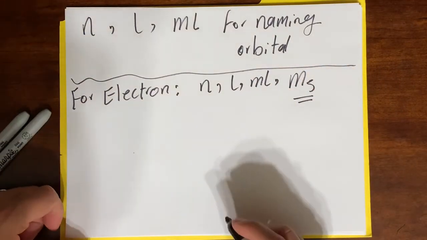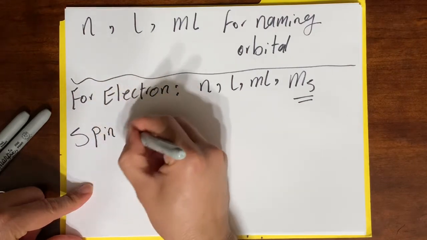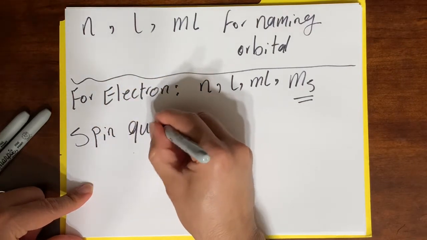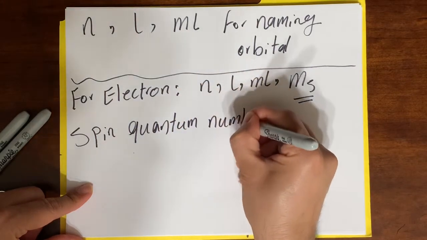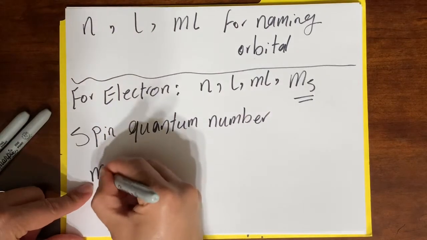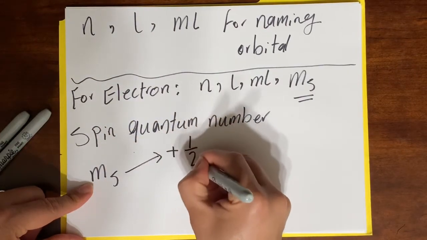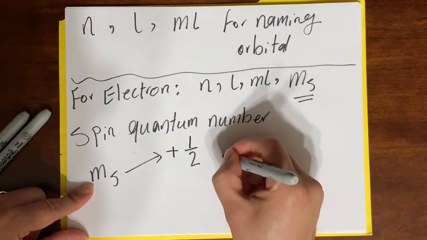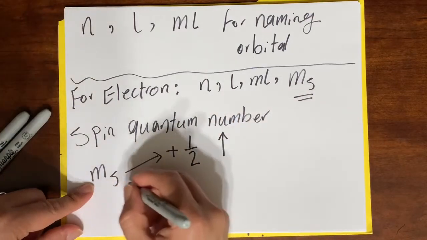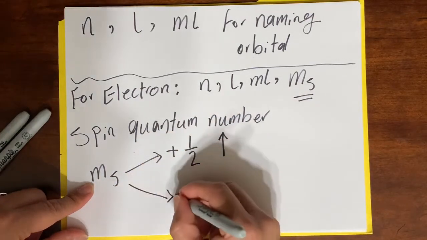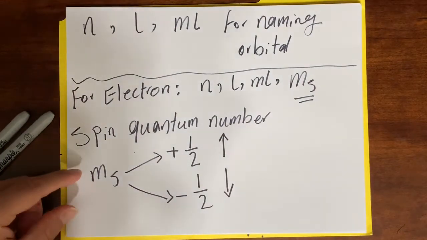This is the spin quantum number, ms. It can be plus half, which we show by an arrow pointing up, and the second one will be minus half, which we show by an arrow pointing down.